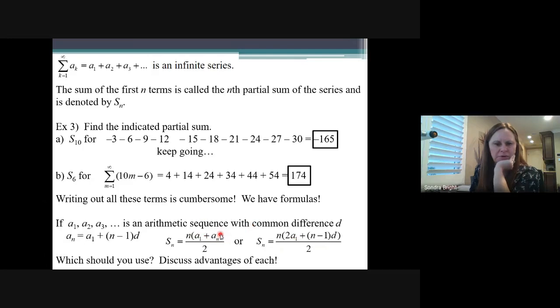The nth term, right? So if they're wanting you to find the 6th partial sum, you plug a 6 into n and maybe they give you the first term, but if you don't know the sixth term, then that's when this is friendlier. You can just go straight up from there, otherwise you have to find the sixth term first by doing this and then plug it in there. So it's just a combination of that guy.